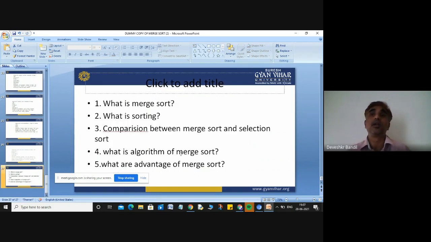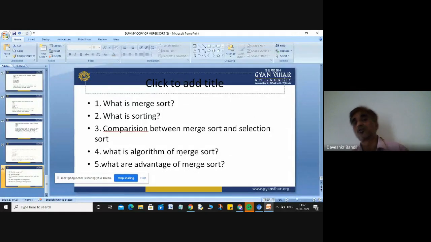And after studying this lecture, students will be able to answer the following questions, like what is merge sort. I had already explained merge sort at the start of this lecture. And what is sorting? If we talk about sorting, I had already explained sorting, where all items in your array are in sorted fashion.